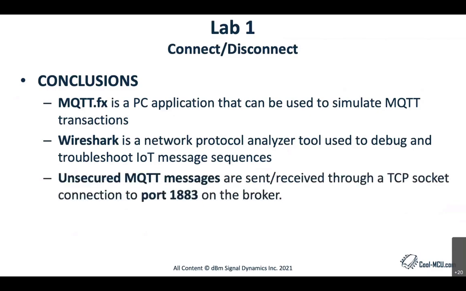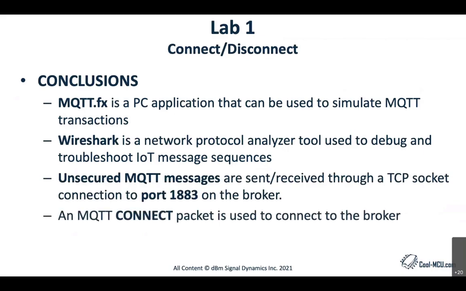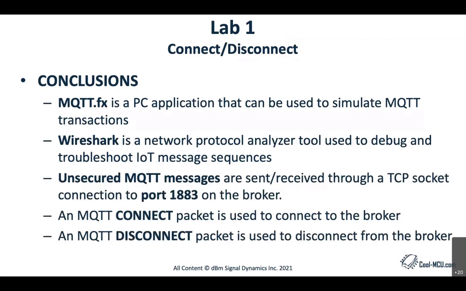You will learn that unsecured MQTT messages are sent and received through a TCP socket connection to port 1883 on the broker. You will learn that an MQTT connect packet is used to connect to a broker, and that an MQTT disconnect packet is used to disconnect from the broker.